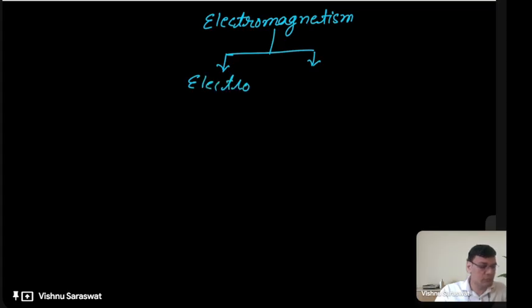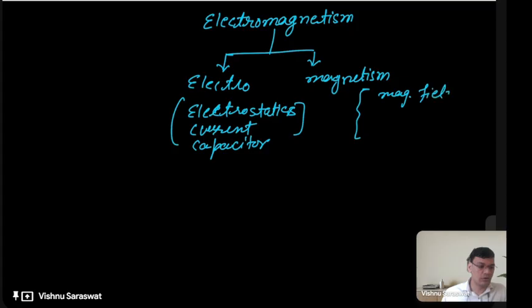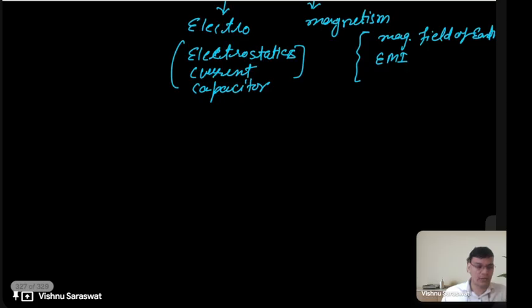In electro we will study electrostatics, current, and capacitor, and in magnetism we will study the magnetic field of earth, EMI, electromagnetic induction, and electromagnetic waves.